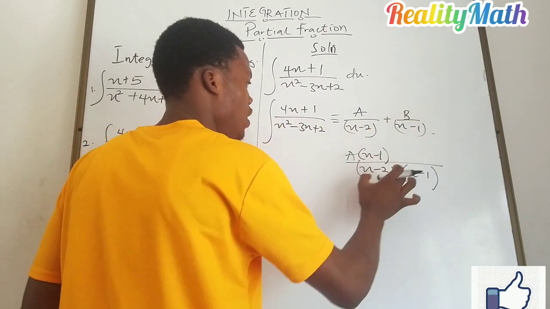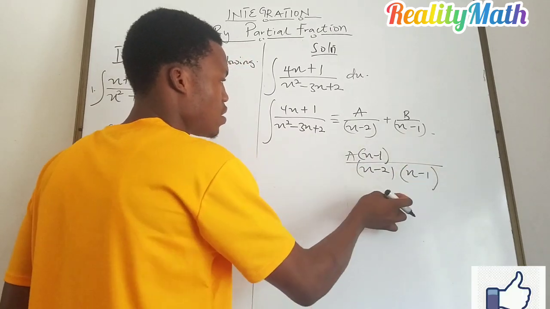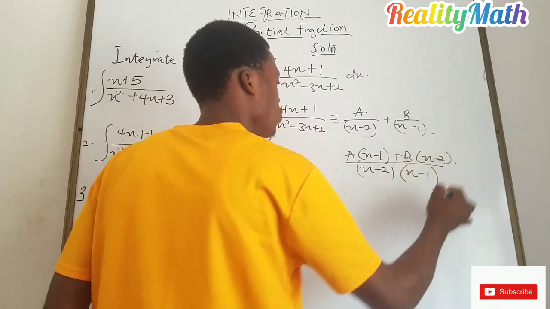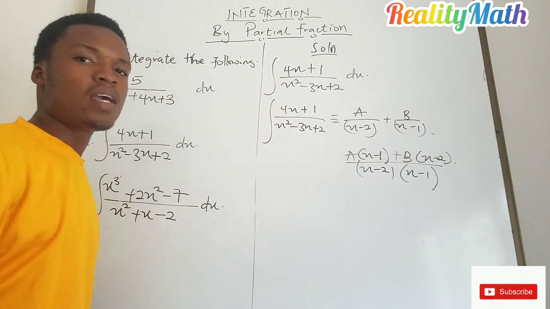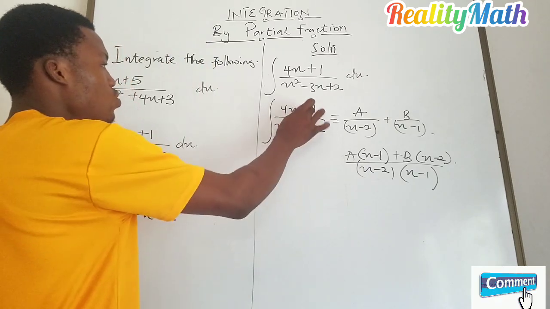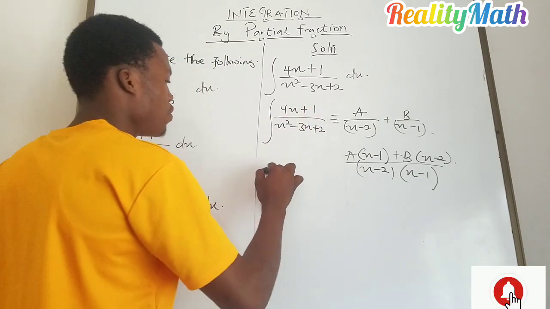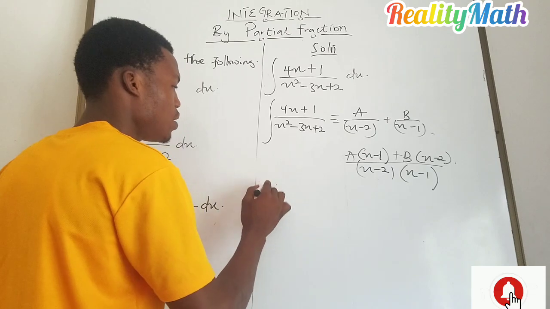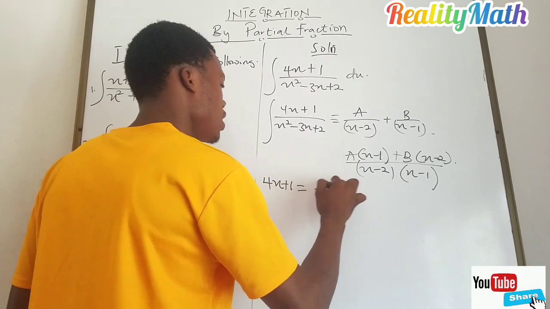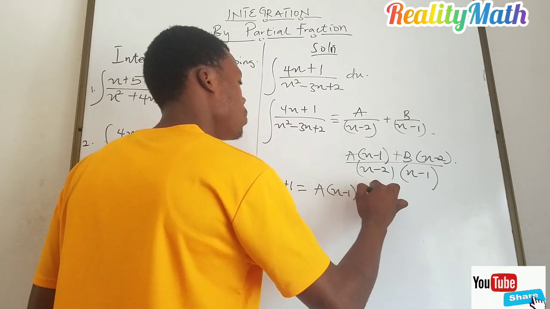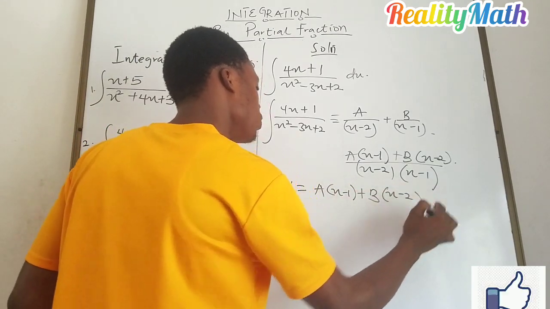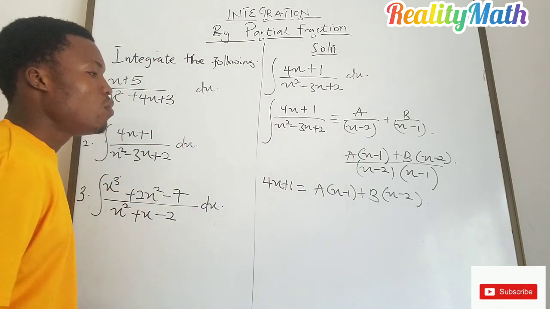The x minus 1 will cancel, so it will remain b multiplying x minus 2. Now we try to get the values of our constants. We equate the numerator, 4x plus 1, to a into bracket x minus 1 plus b into bracket x minus 2.